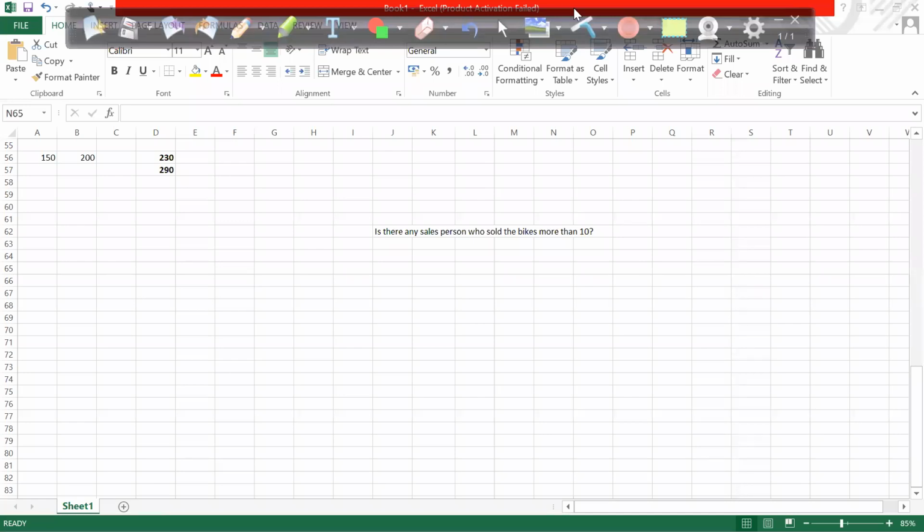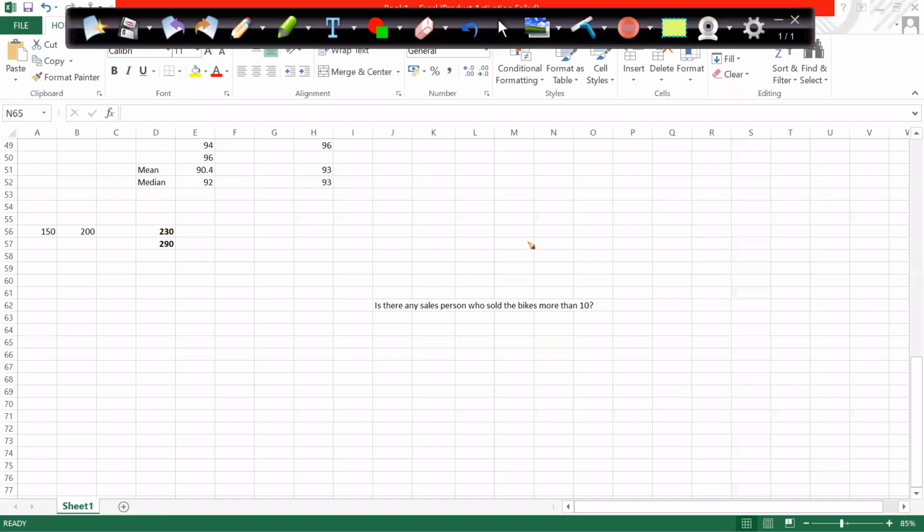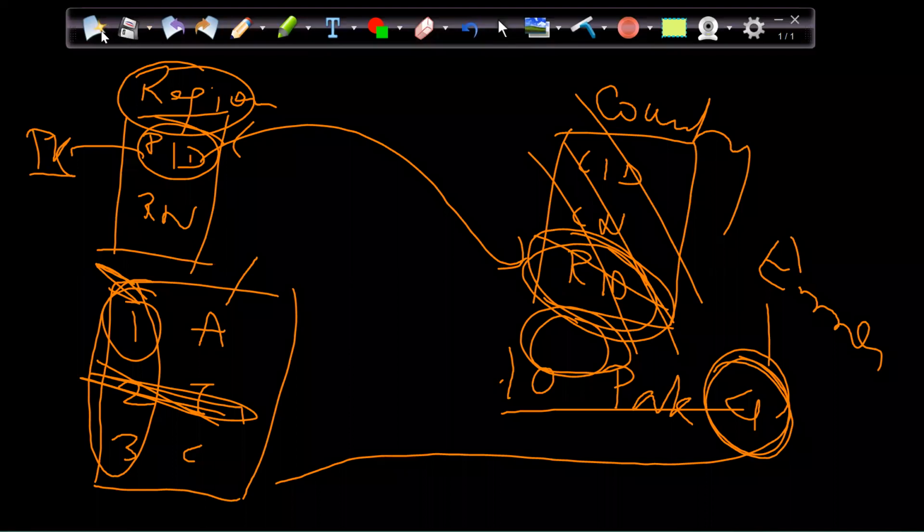Interesting. But the answer is false. Now the question arises, why? Let's try to understand. Now we know that there are 13 salesperson. The median is 6.